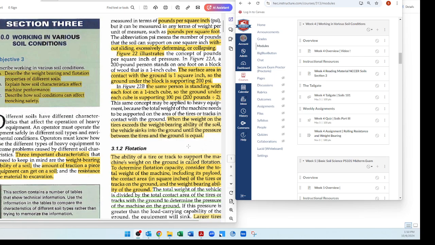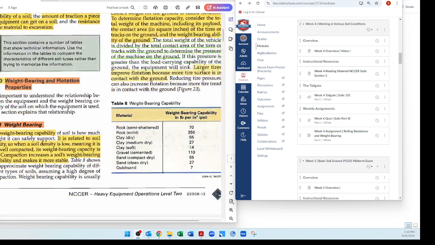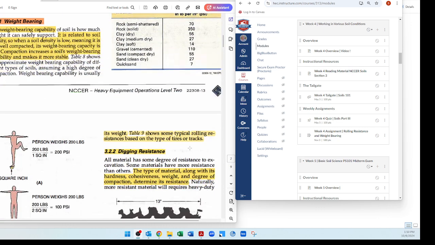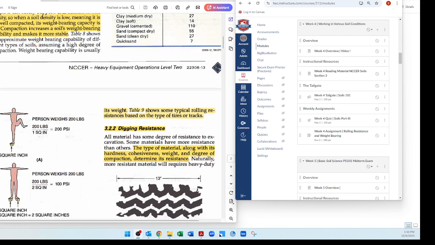Now, let's go to Figure 22 and see what they're talking about. So this person weighs 200 pounds and he's standing on 1 square inch. So this is holding up 200 pounds per 1 square inch right here.